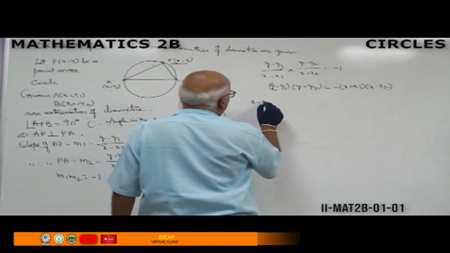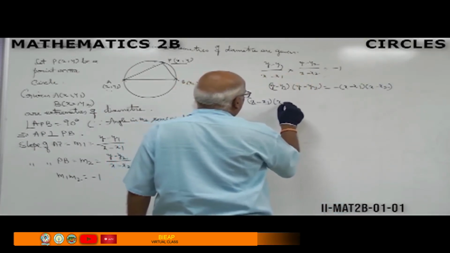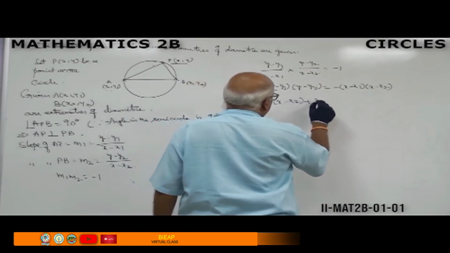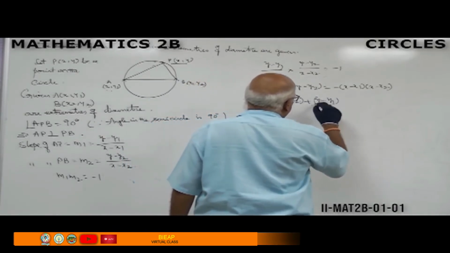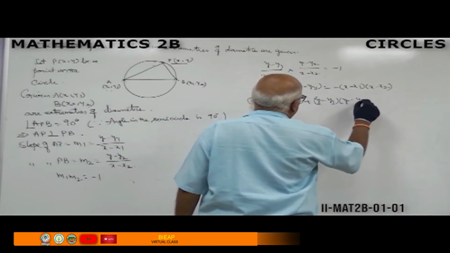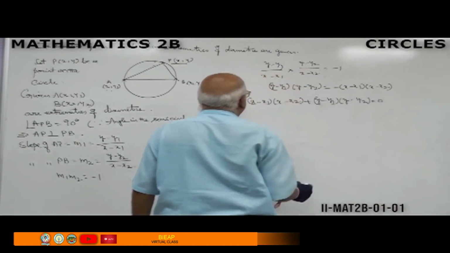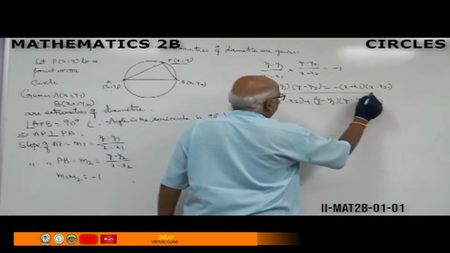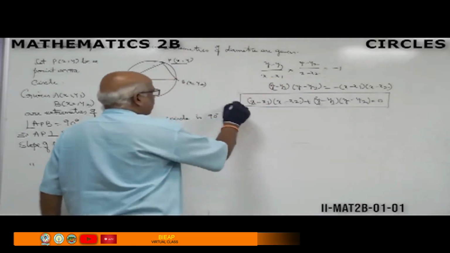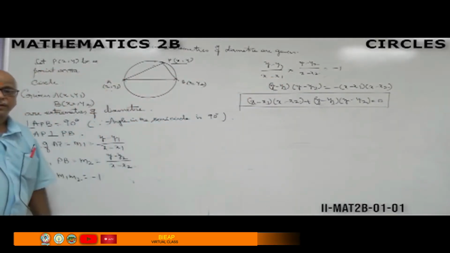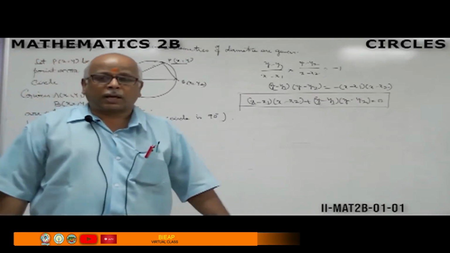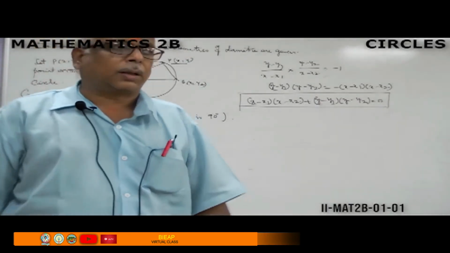Bring all values to one side. (x minus x1)(x minus x2) plus (y minus y1)(y minus y2) equals 0. This is another important formula to find out the equation of the circle when the extremities of diameter are given.